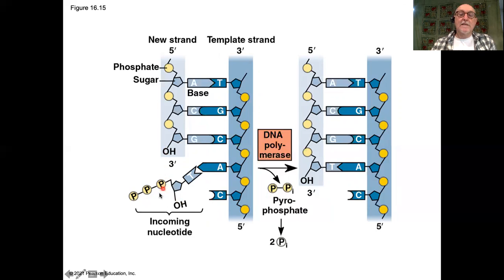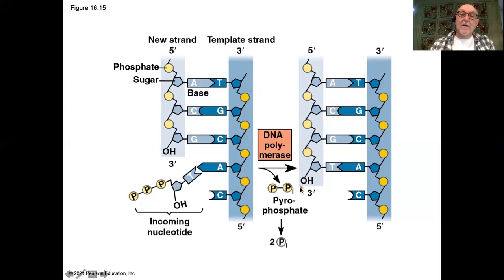That to that, this is going to be freed, and the energy is going to be harvested and used to make that covalent bond. So each of them is carrying their own new energy source with them. And that's utilized by the DNA polymerase to make this new phosphodiester bond here.